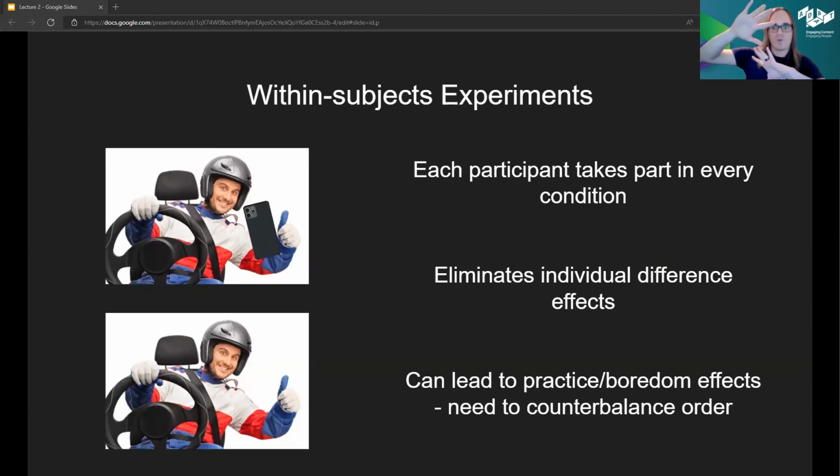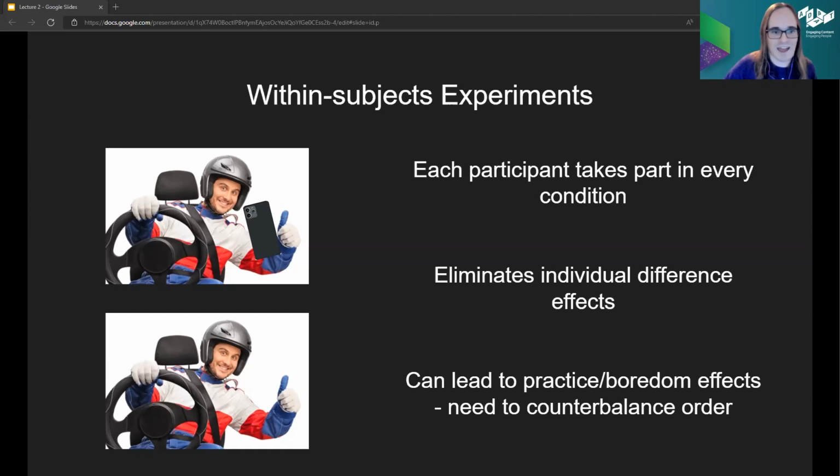If we do that between subjects, that means 80 people, because there's 40 people and 40 people. But if we do a within subjects experiment, we have 40 data points per condition, and that can all just come from 40 people. You have to recruit half as many people to get the same number of data points in a within subjects design. That's the practical benefit to doing within subjects.